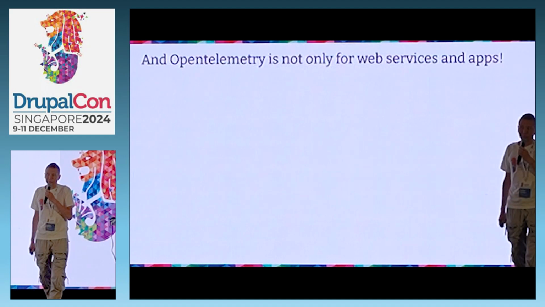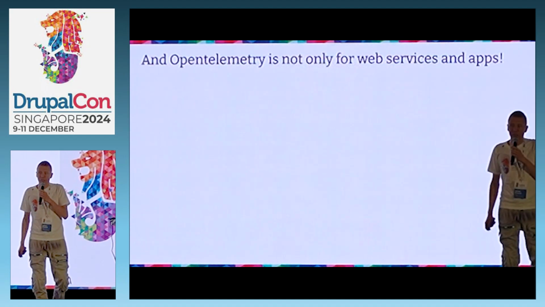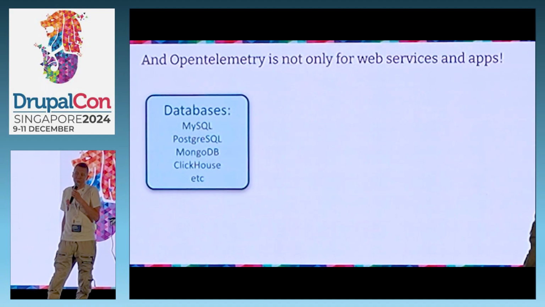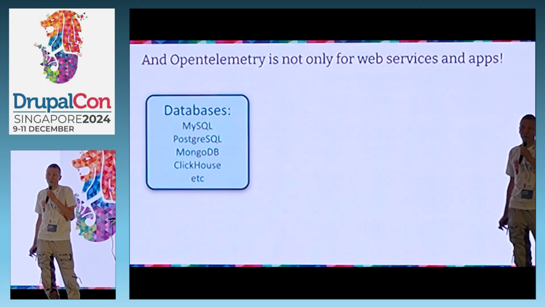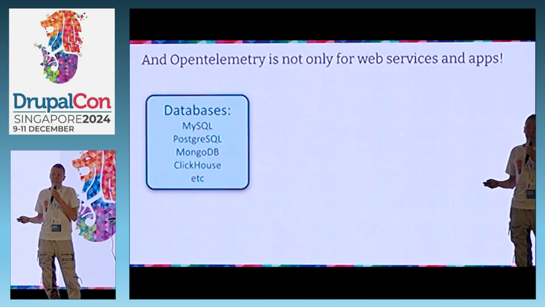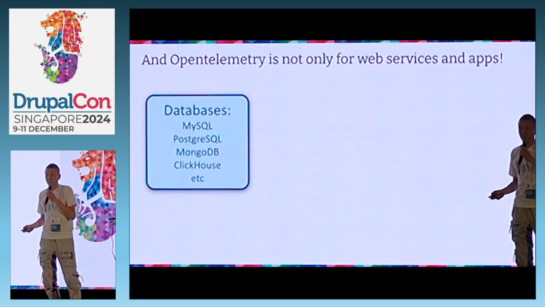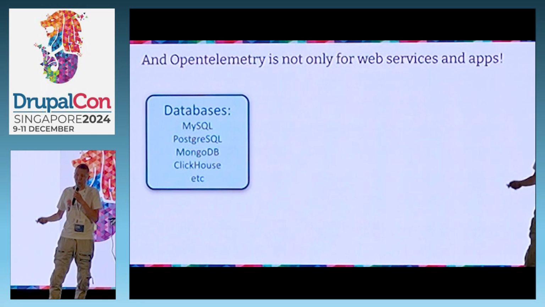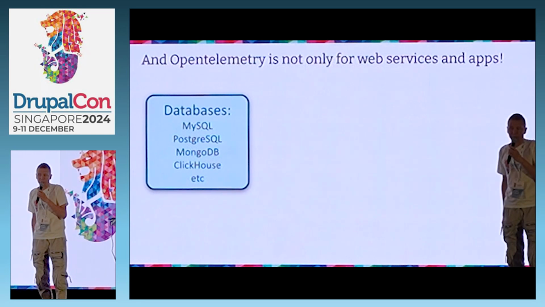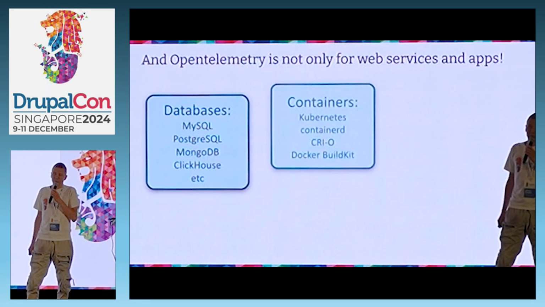Actually, OpenTelemetry is not only for web services and applications. A lot of databases have already introduced integration with OpenTelemetry, and you can see all the metrics and traces of specific SQL queries if you want, or if you use a NoSQL database, the same.